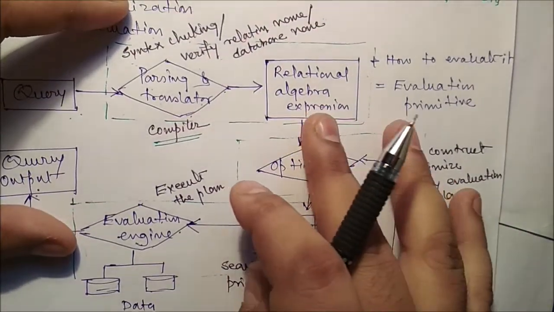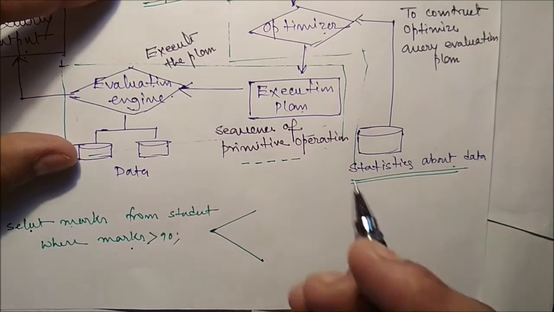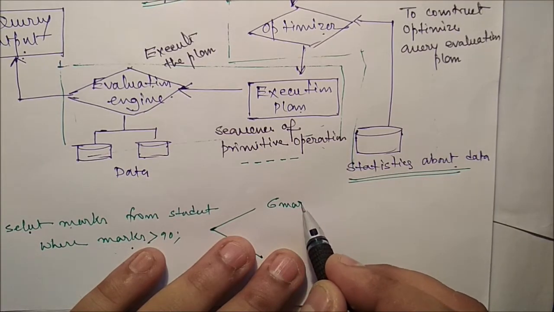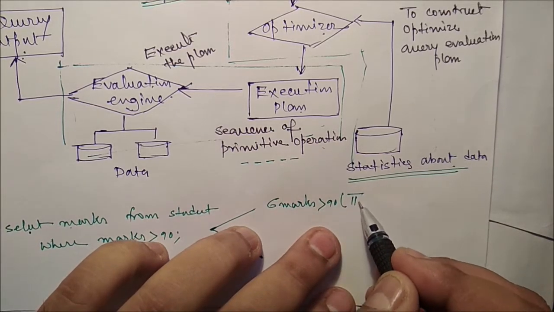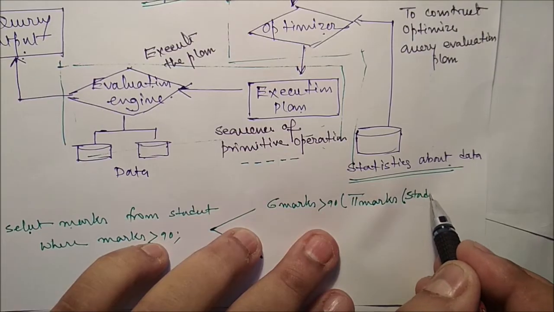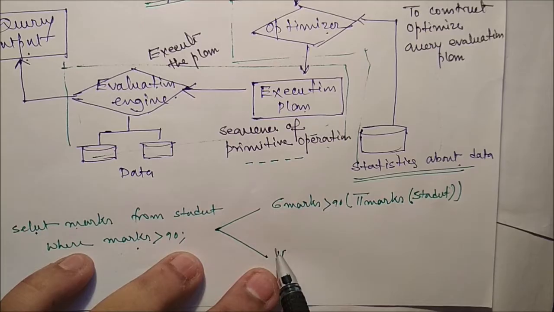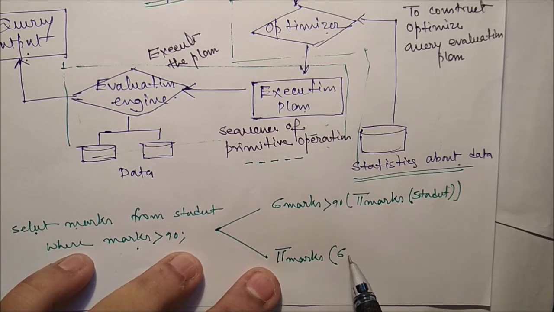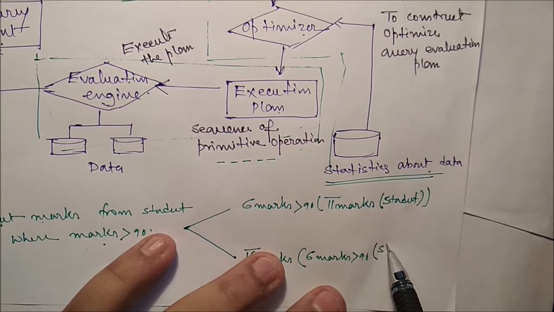And we can get the set of relational algebra expressions for the given high level query. So we can solve it this way: first we may apply the projection from the table student, or first we may apply the selection from the table student.